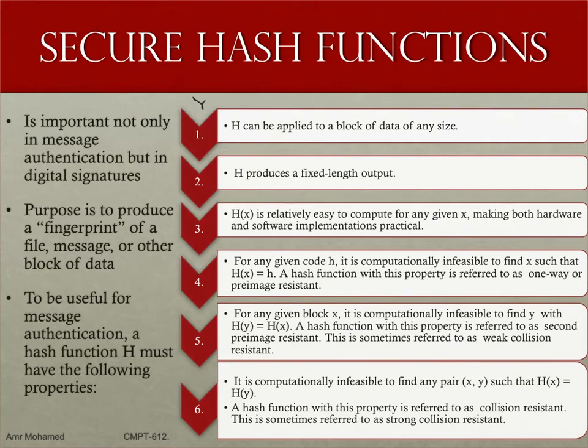Just focus here. These properties are very important, especially the last two or three. A hash can be applied to any block of data of arbitrary size. By changing the size of the message, I don't want you to tell me that the message digest will change its size. No, it should be fixed size. H is relatively easy to compute for any given X, making both hardware and software implementation practical.